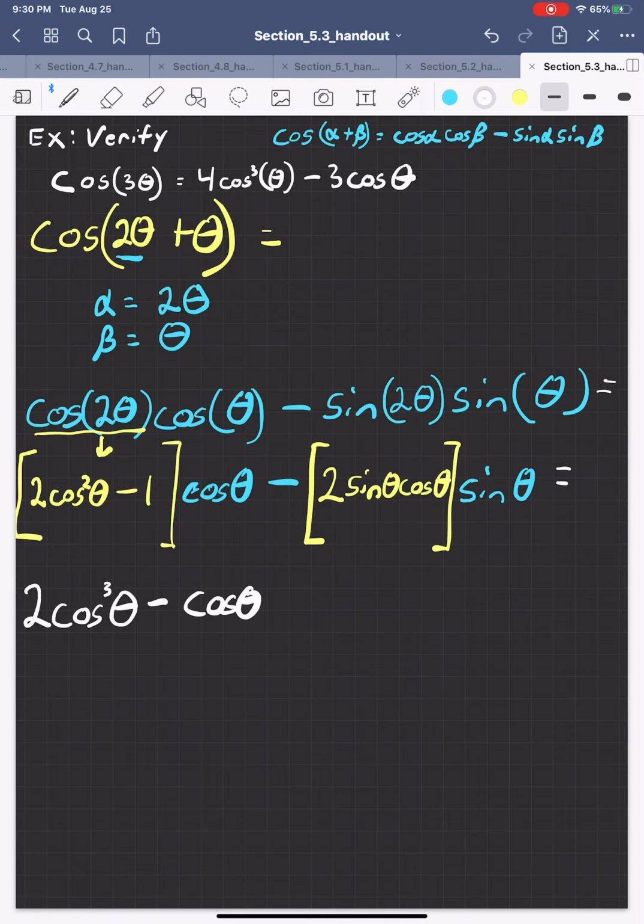All right, and let's see what else we got. Minus... well, this is pretty easy. Sine times sine is sine squared. So this ends up being minus 2 sine squared theta cosine theta.